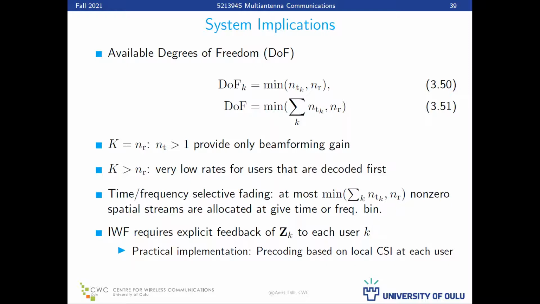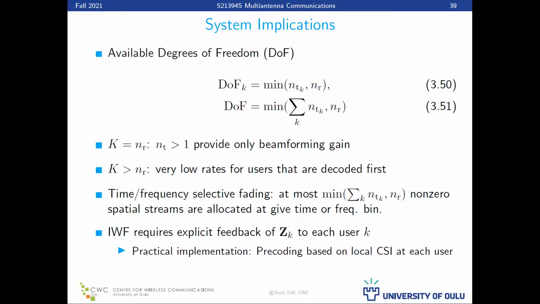So this guy would have very low rate, less than 1 bit, because it's interference limited. We cannot remove the interference from these 4 other streams by spatial processing. So in this case, a simple solution is to split the users into groups. But if you can use the same power later, it would be almost optimal.